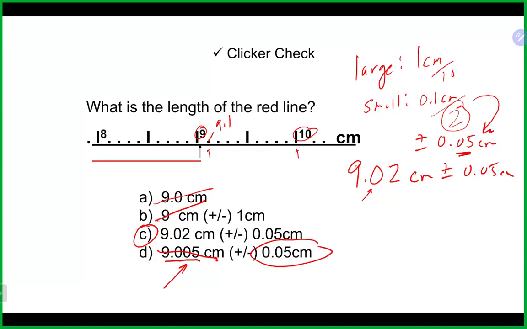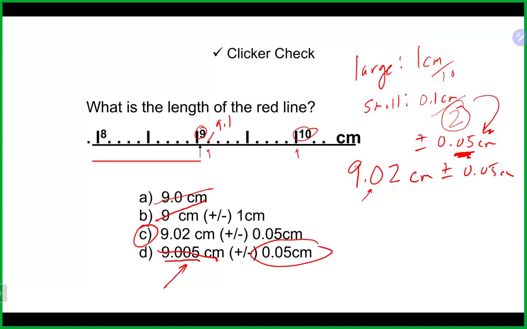And what that also tells you, when you get that plus or minus after you divide by 2, is how far you could take the reading to. So 0.05 is 2 decimal places. So the actual measurement should be taken to 2 decimal places, which the 9.02 would have actually 3 significant figures. The uncertainty here is actually the 2 in this case at the end. It's the uncertainty. Any questions?